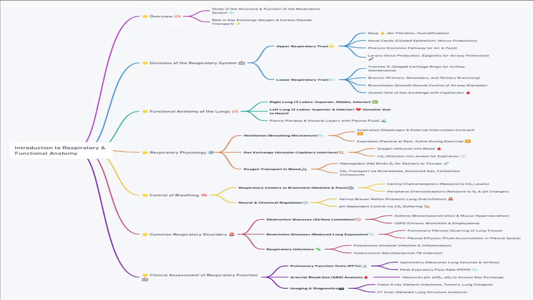Alright, so let's discuss respiration and functional anatomy of the respiratory tract based on the mind map. So we'll look at the various phases of respiration and distinguish between internal and external respiration.